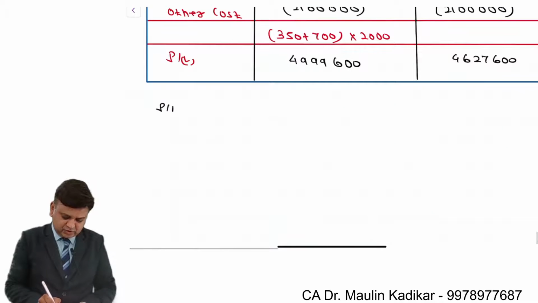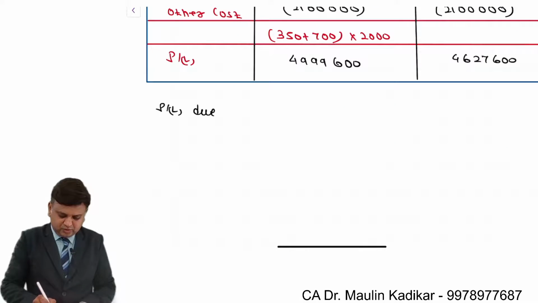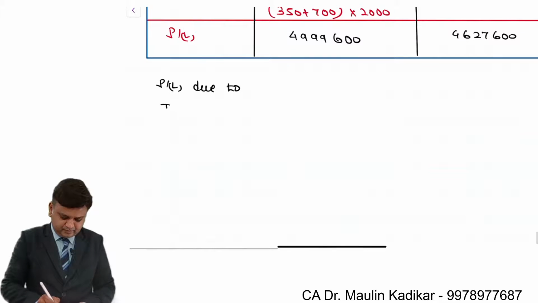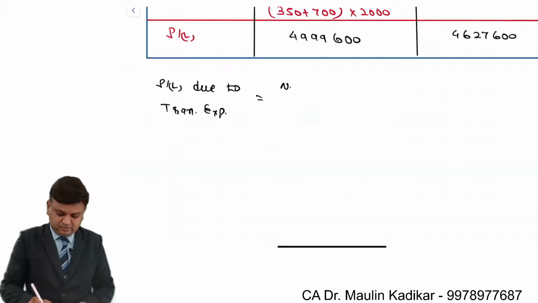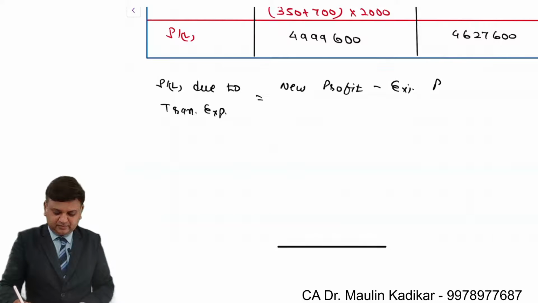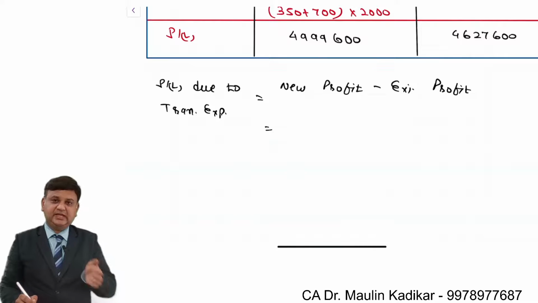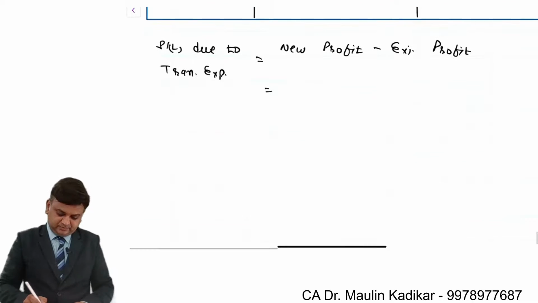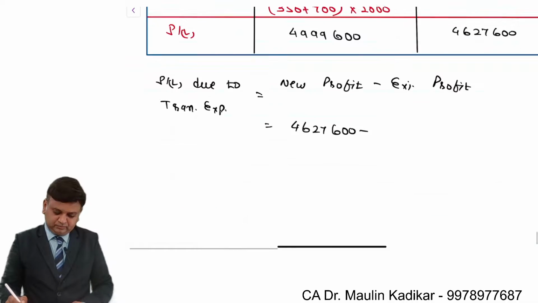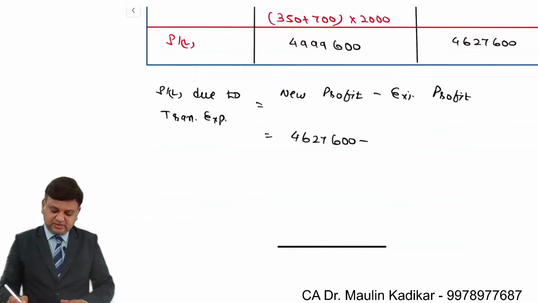So profit or loss due to transaction exposure: new profit minus existing profit. 46 lakhs 27,600 minus 49 lakh 99,600.